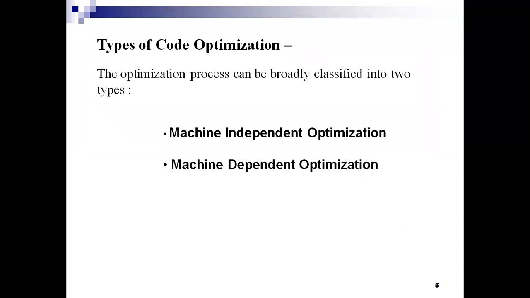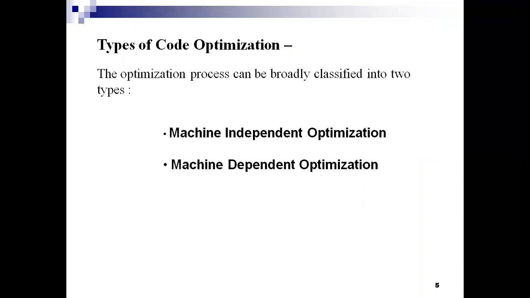The third one is that optimizing transformations must be applied carefully. That means here we are applying some transformations, and they should be applied carefully. Otherwise, code may become time and space inefficient.